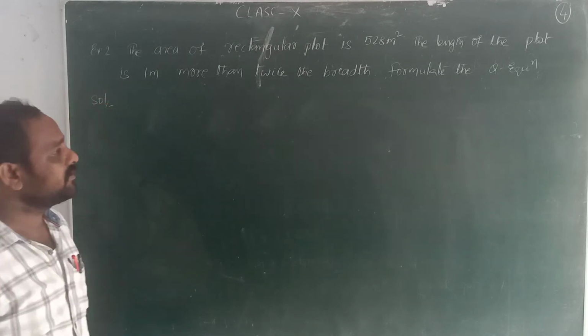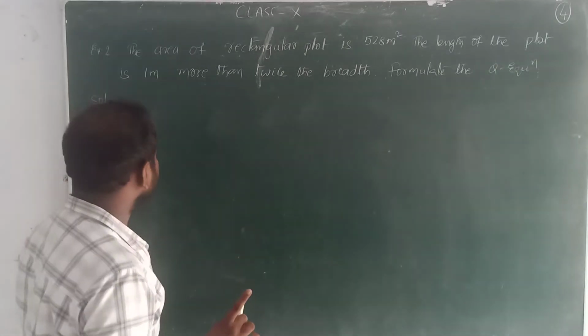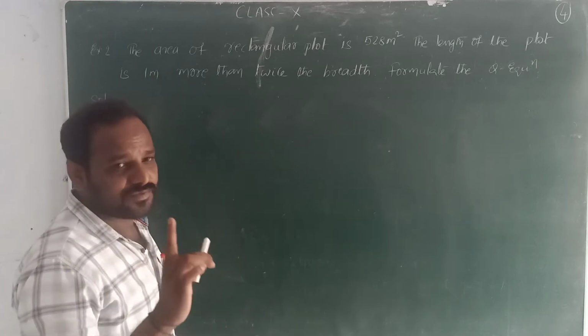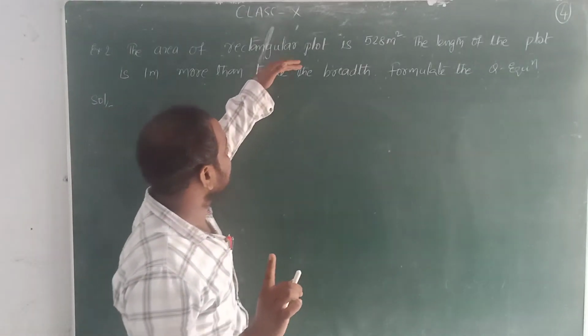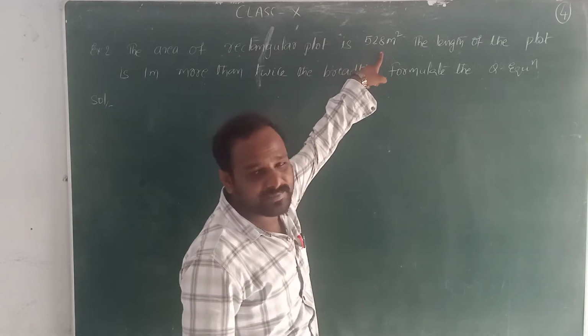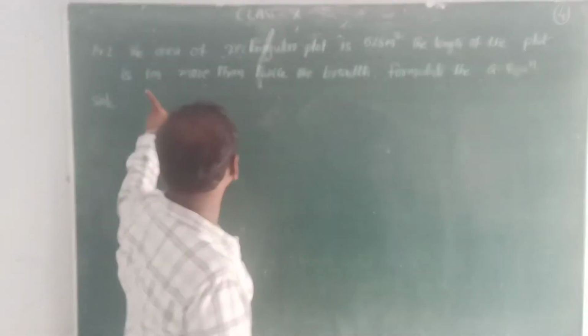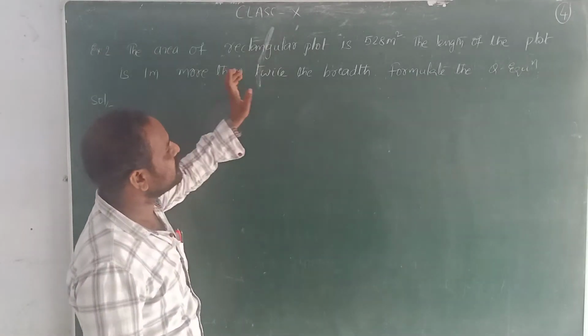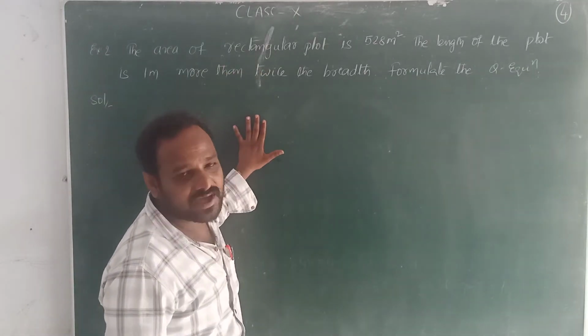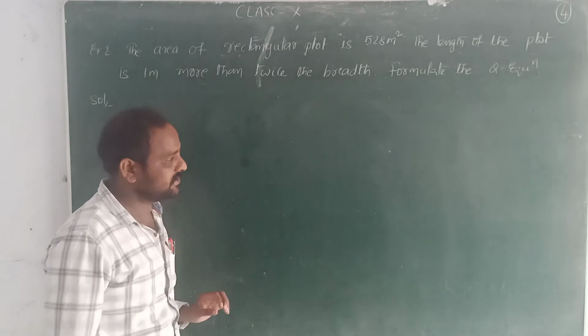So this is the problem which is given. What is the problem? The area of rectangular plot is 528 meters square. The length of the plot is 1 meter more than twice the breadth. Formulate the quadratic equation.